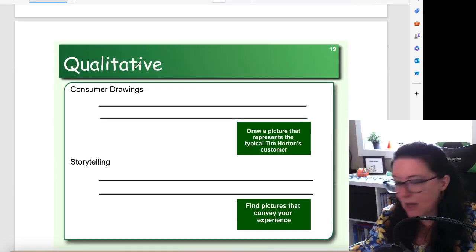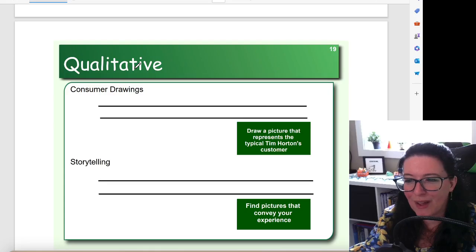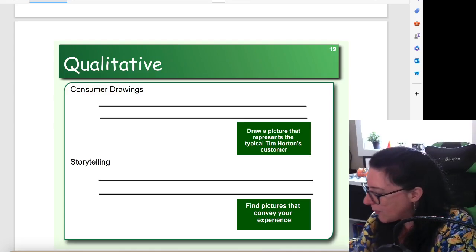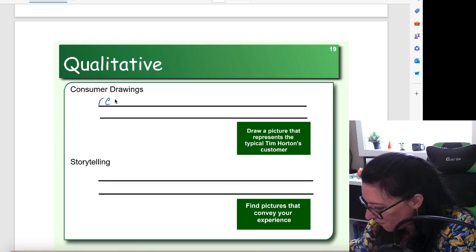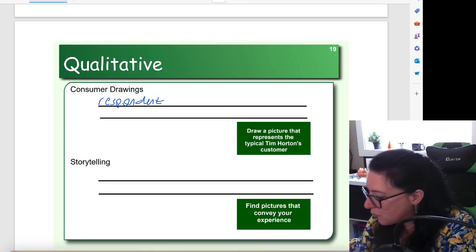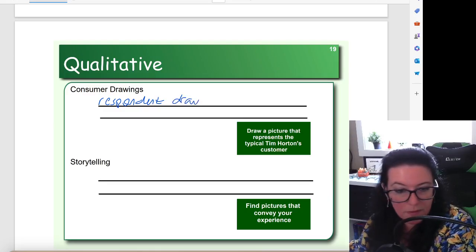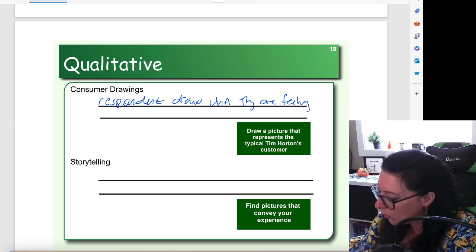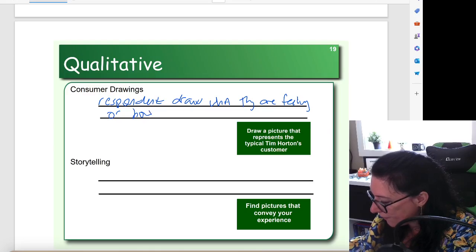Some other types of projective tests. We have consumer drawings. So this is where the respondent is going to draw what they are feeling or how they perceive something.